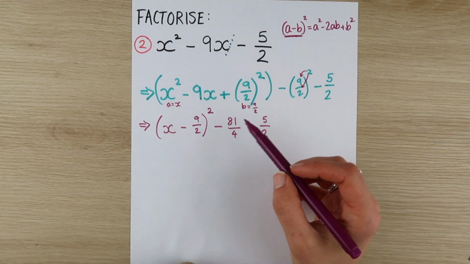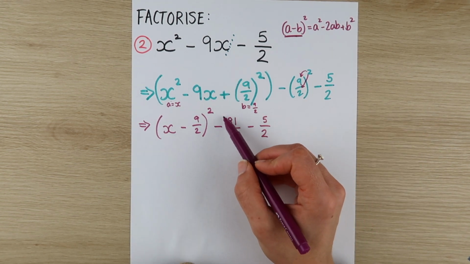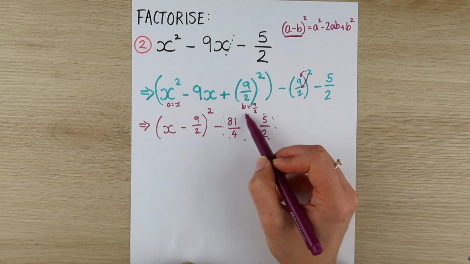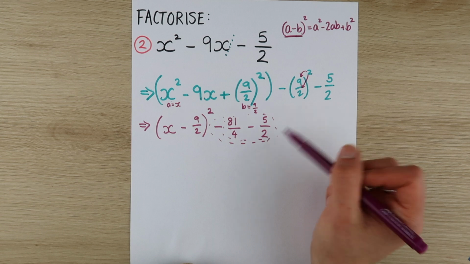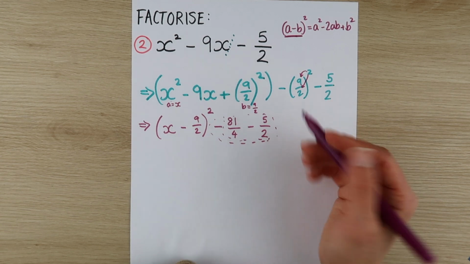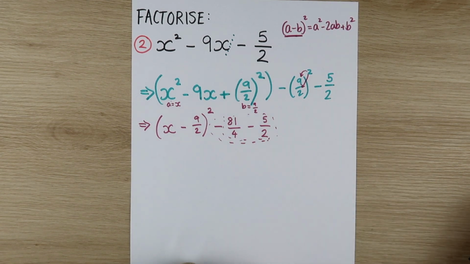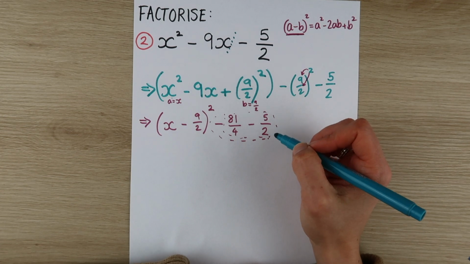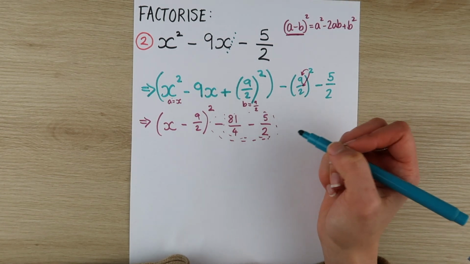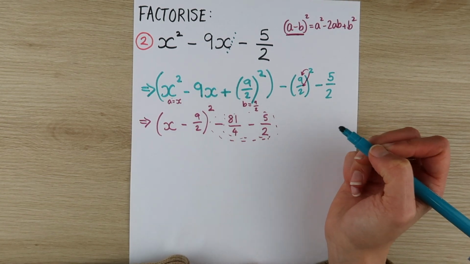Alright, now the next step, you may recall, is we add these two together or combine them. In this particular case, you'll see that they've got different denominators, which means I can't add just yet. So to add or subtract fractions, they have to have the same denominator. To do that, I can make the denominators the same. And the easiest way to do that is to make this 2 into a 4.